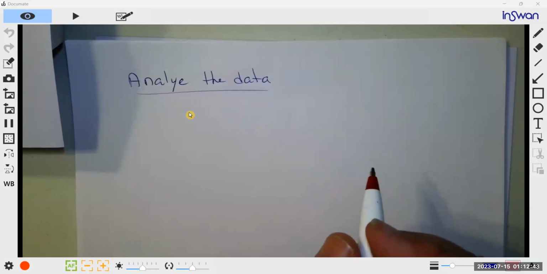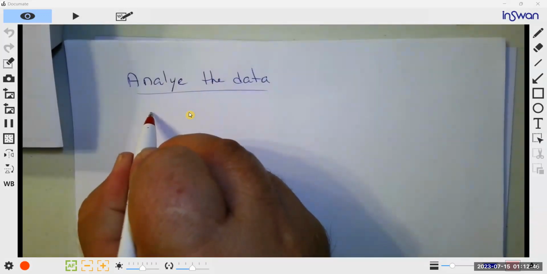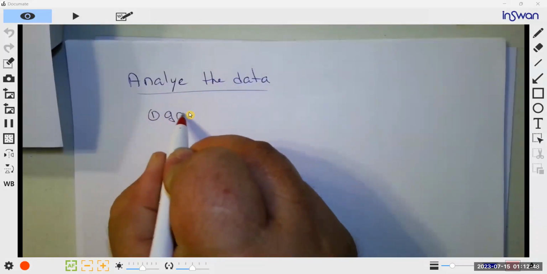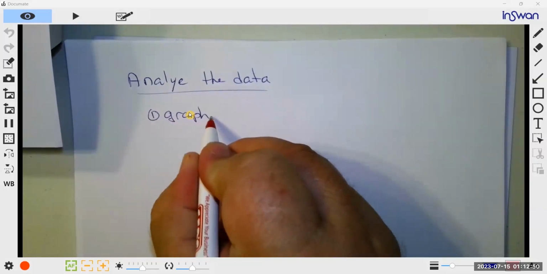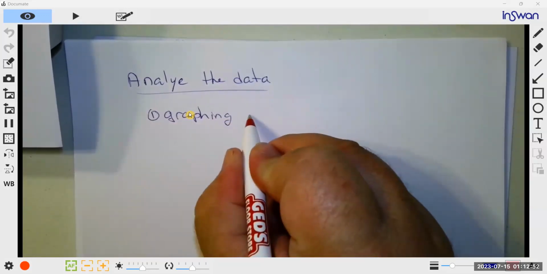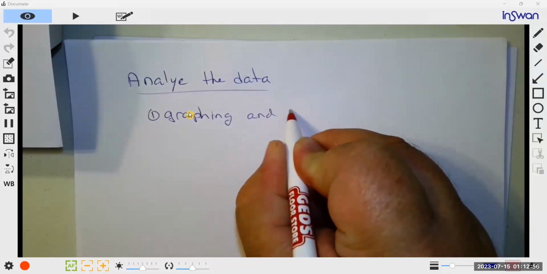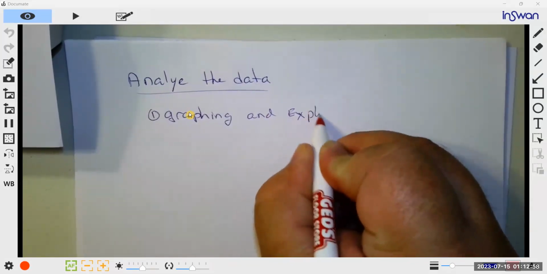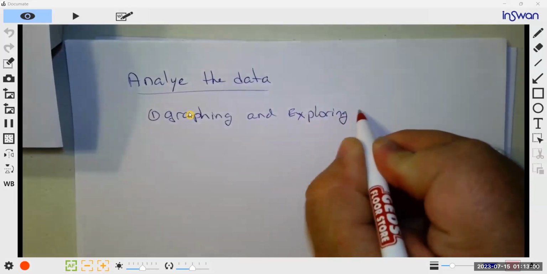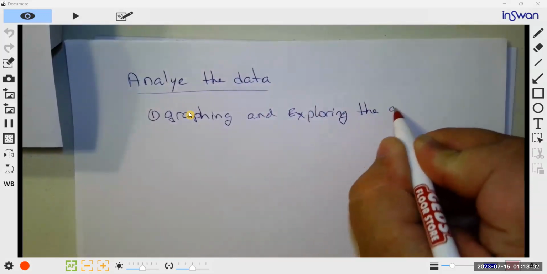How can we analyze the data? What do you do first? So one way we can do it is by graphing and exploring the graphs.